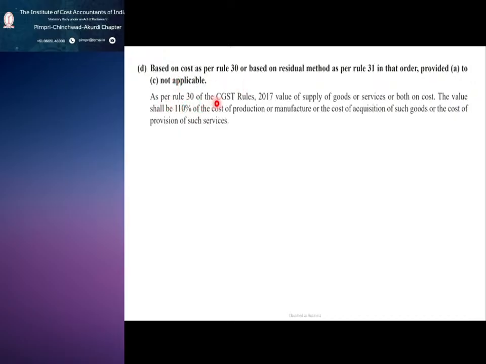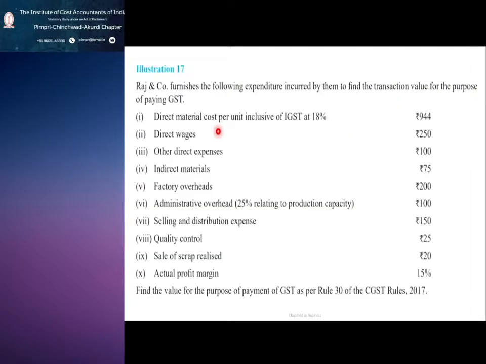If this is not working, we have to go as per rule 30: value of supply of goods or services shall be 110% of the cost of production or manufacture, or the cost of acquisition of such goods, or the cost of provision of services. So this is nothing but our cost sheet.